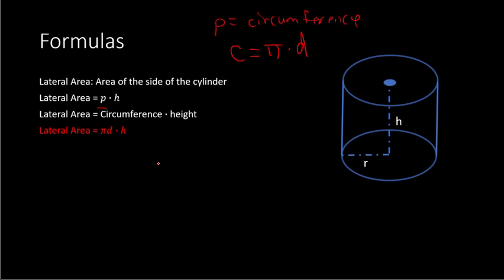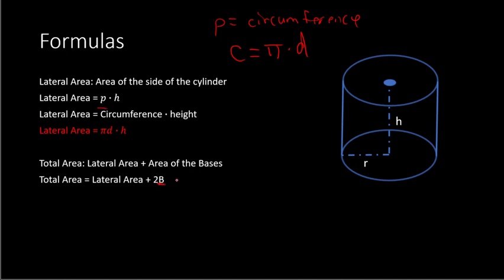And then the total area is the area of not just the sides, but also the two bases, the top and the bottom. So in math notation, instead of writing out area of the bases, we can use a capital B for base, so the area of the base. And the area of the base would be the area of the circles, right? Because the bases are circles.